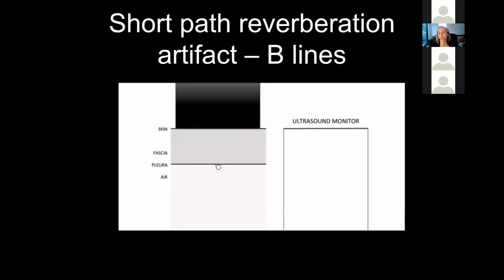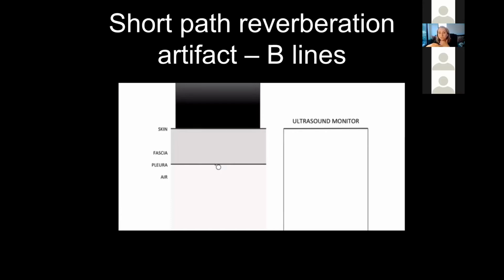The beam then bounces back and forth within this little sphere before coming back to the transducer. So what the transducer reads is that it's taken, again, a longer time to come back, and it will mark lots of these little anterior and posterior walls of the spheres down the page.